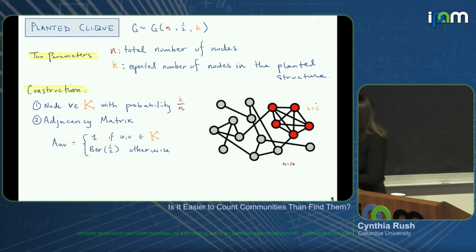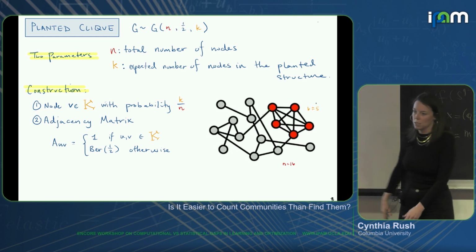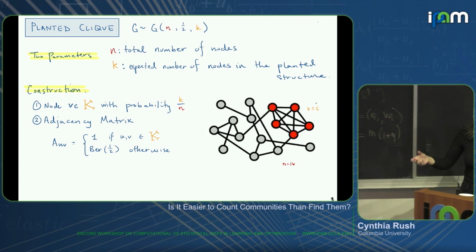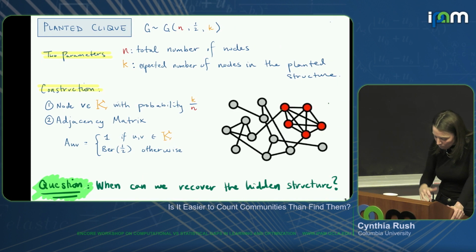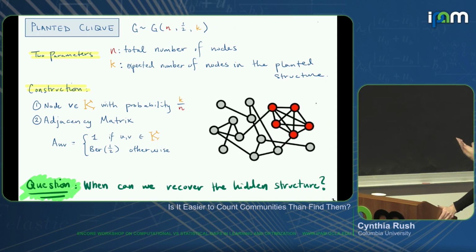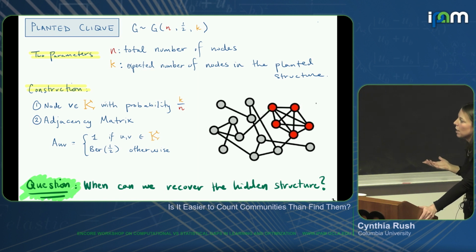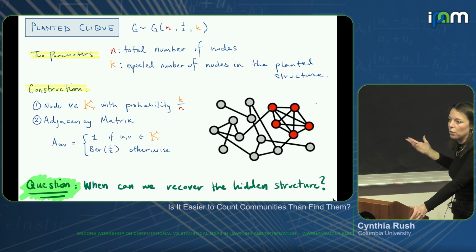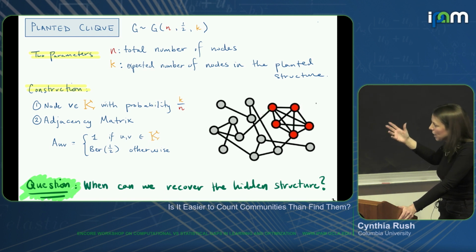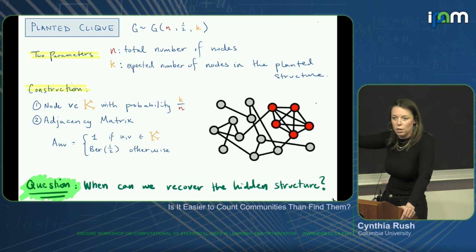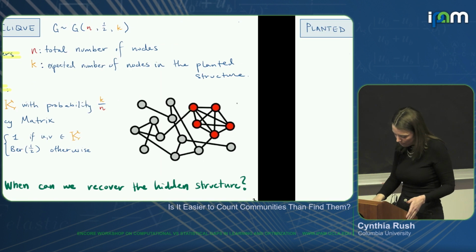Otherwise, the background noise edges connecting two nodes outside of the clique appear with probability 1/2. So a classic question is: when can we recover this hidden structure? If I just see the adjacency matrix of this graph, can I figure out which of the nodes are the red ones in an efficient way?